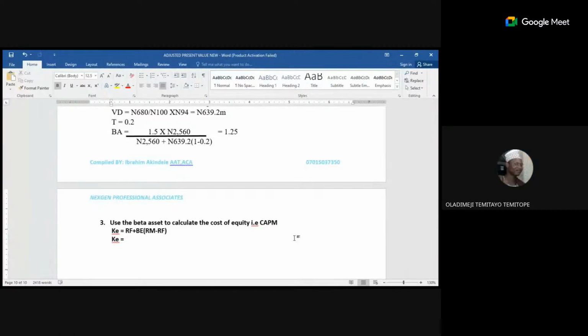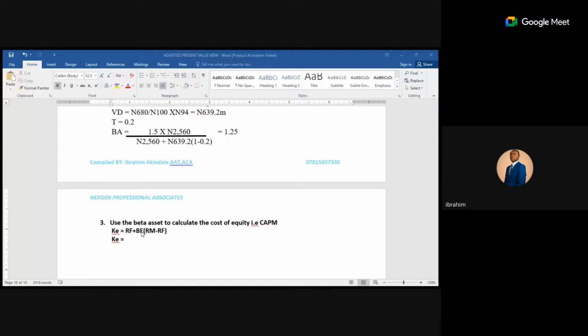Those are the risks that cannot be avoided. Unavoidable risk. You can also call it market risk. A practical illustration is the inflation rate, the unemployment rate, and the exchange rate volatility.